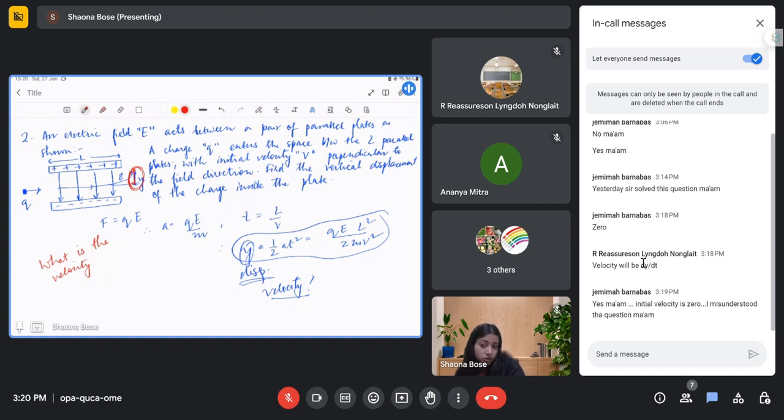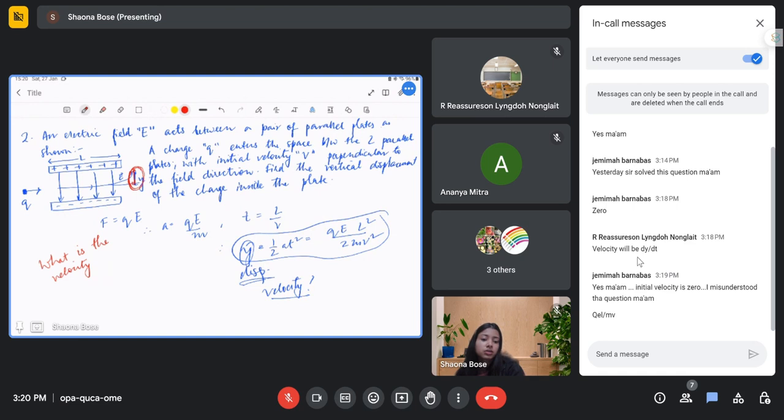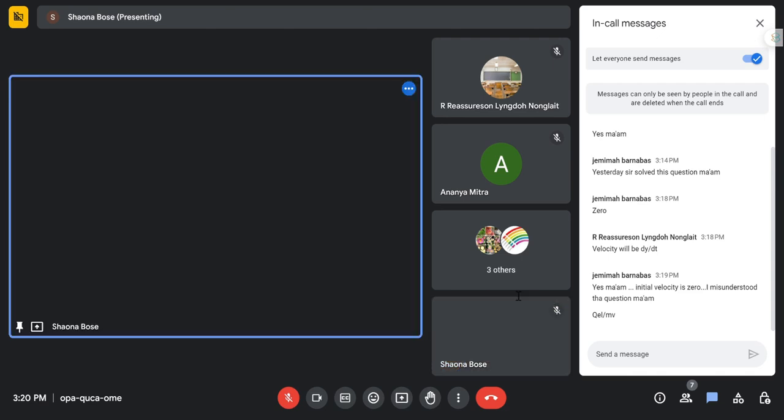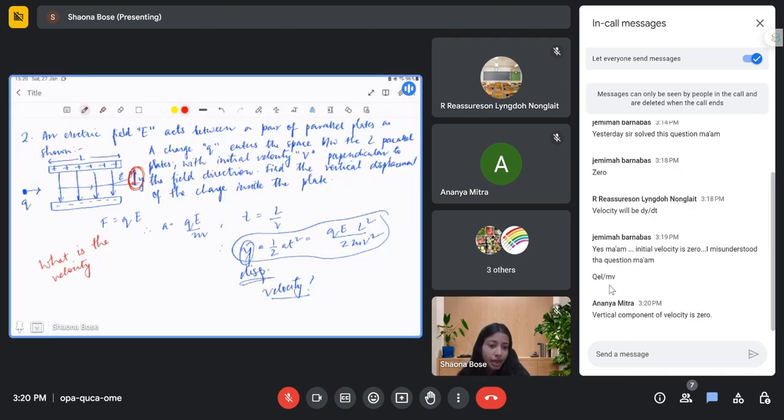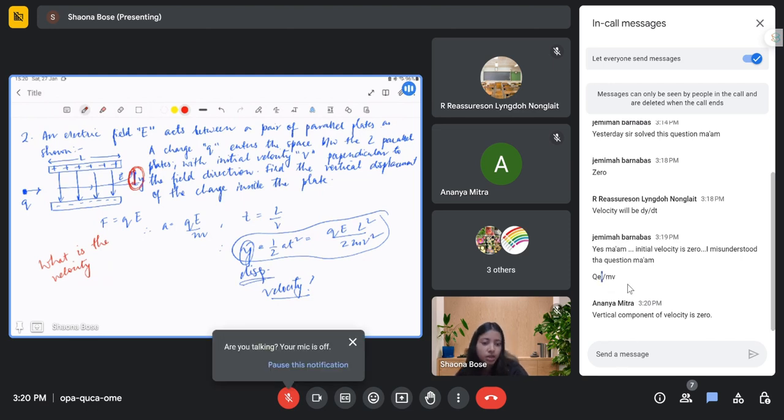So it already has an acceleration due to the electric field which is acting on it. So the velocity over here, what is the answer? Yes, right. QEL by MV, right.